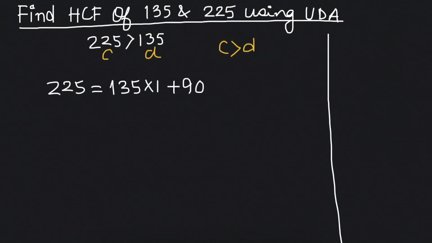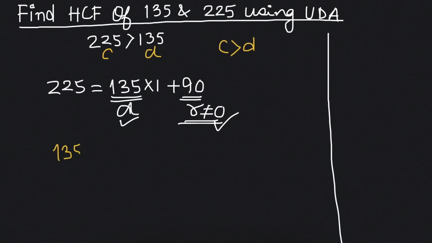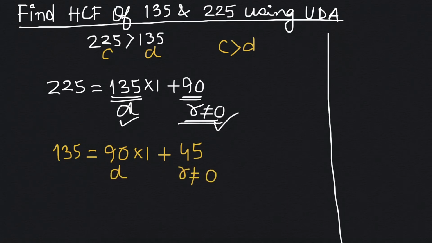Now see, this is the remainder r, which is not equal to 0, and this is the d. The second step was, if r is not equal to 0, then again apply Euclid's division algorithm for d and r. 135 is equal to 90 times 1, and the remainder would be 45. Here again r is not equal to 0, and this is again in terms of d.